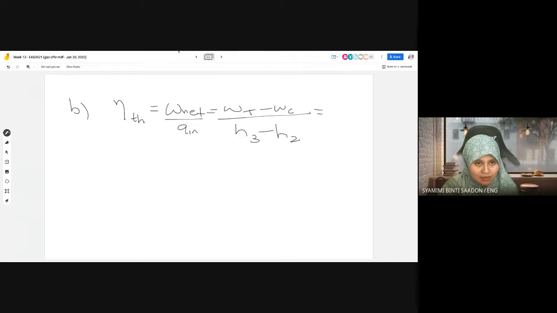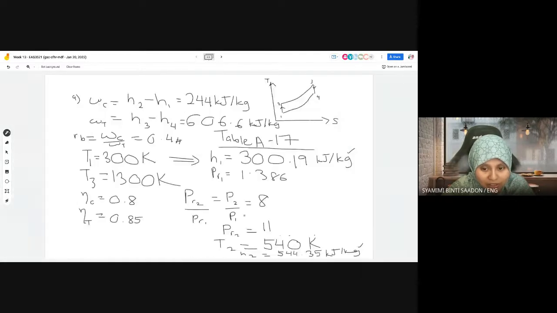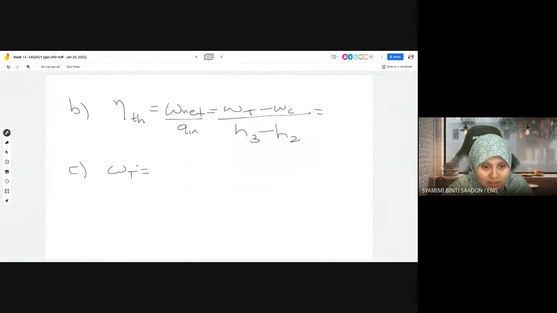C, turbine exit temperature. We can already get it from this method: the turbine work is H3 minus H4.